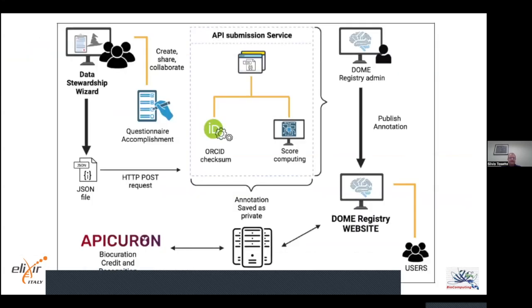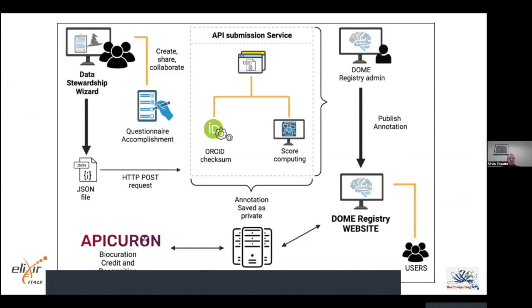Now, the process itself regarding the annotations of the DOME registry is shown in this overview slide here, where on the top left-hand side, you have the data input, which is handled via the data stewardship wizard.